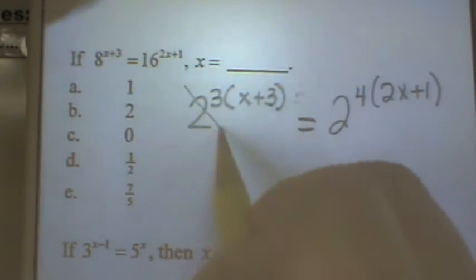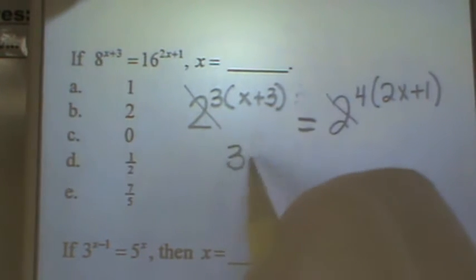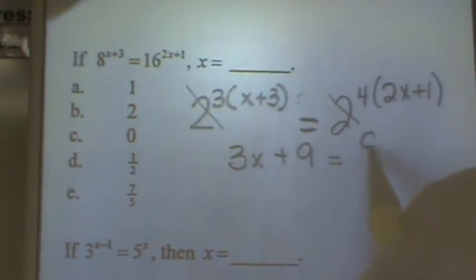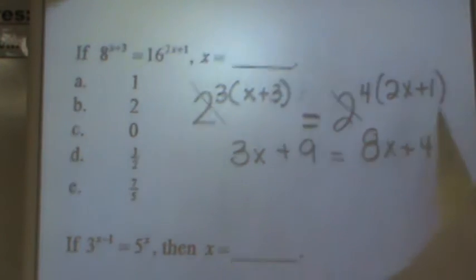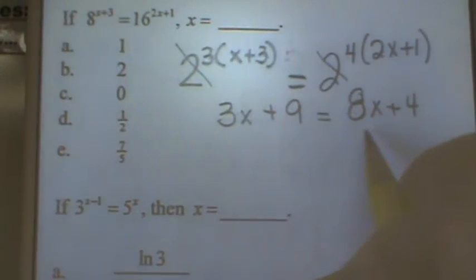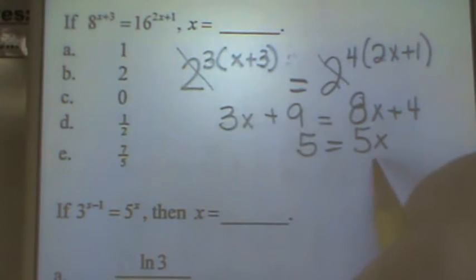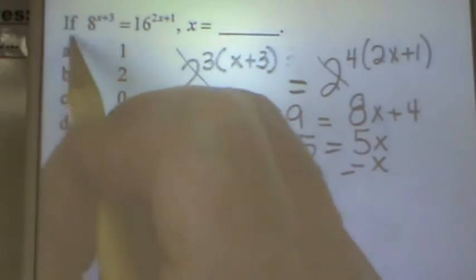So now you're going to cross these 2's out, and you have 3x plus 9 is equal to 8x plus 4. If we subtract 3x, you get 5x. Subtract 4, you get 5. Divide by 5, x is 1.